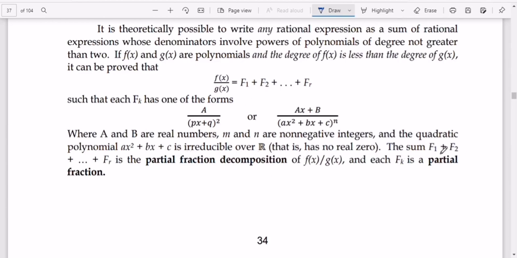The sum f sub 1 plus f sub 2 and so on plus f sub r is the partial fraction decomposition of f of x over g of x, and each f sub k is a partial fraction.